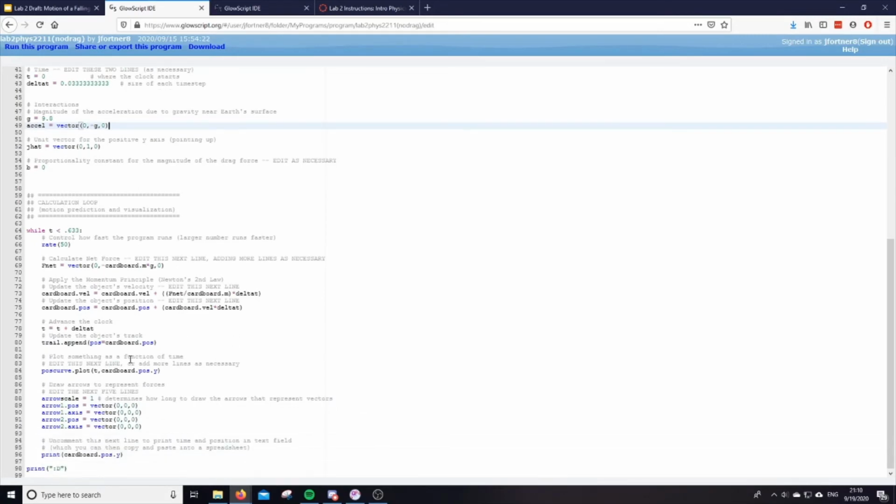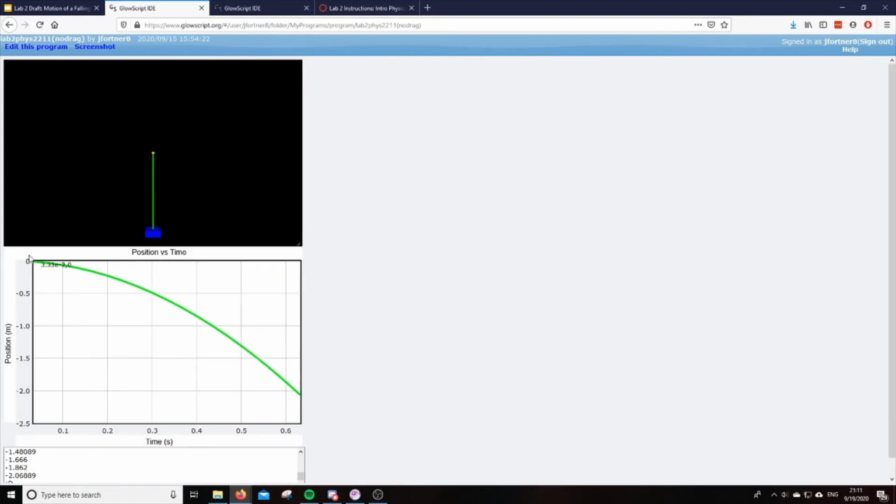And the way velocity and position are updated is based on net force divided by the mass of the object times delta t, which F net in this case is just dependent on gravity, so it's just negative, to take into account the direction, times the mass of the object times g. And how that looks is this. As you can see, the position changes faster and faster as the object descends over time.